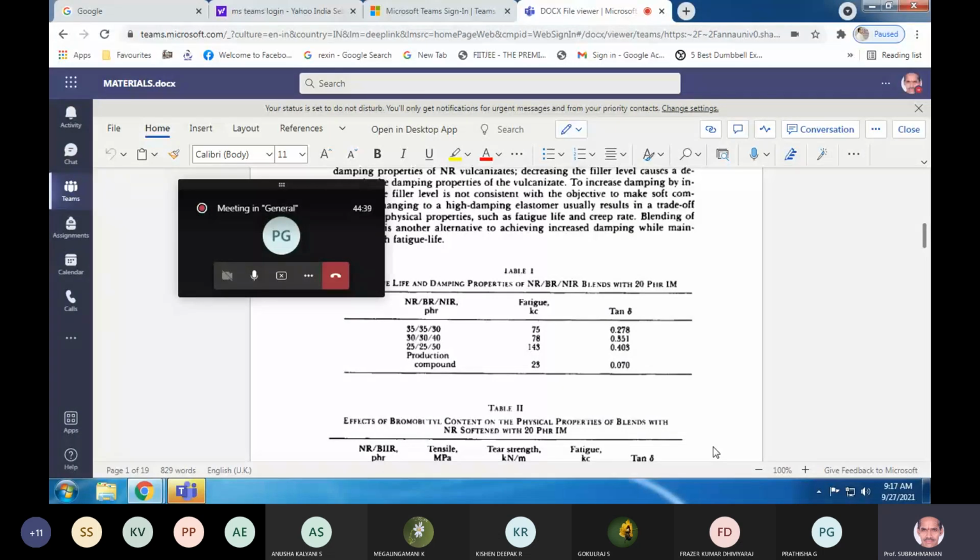Ternary means binary blends: NR, BR, SBR, BR, CR, NBR, EPDM, silicone, and CR plus BR.